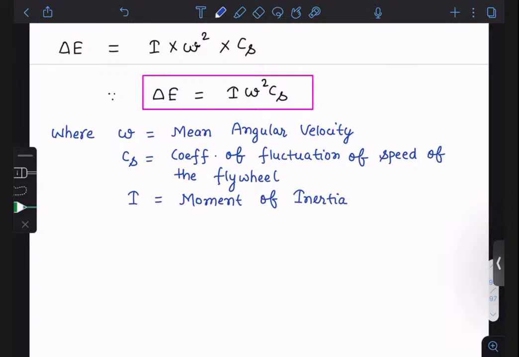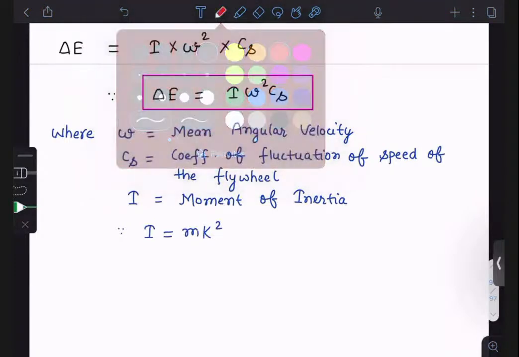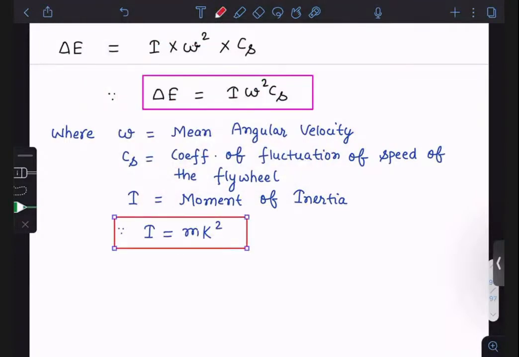Now, moment of inertia sometimes we calculate by using I is equal to m k square, mass into radius of gyration square. So in this expression, m is the mass of the flywheel and k is the radius of gyration.